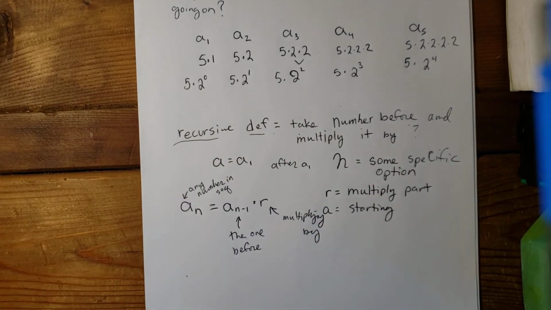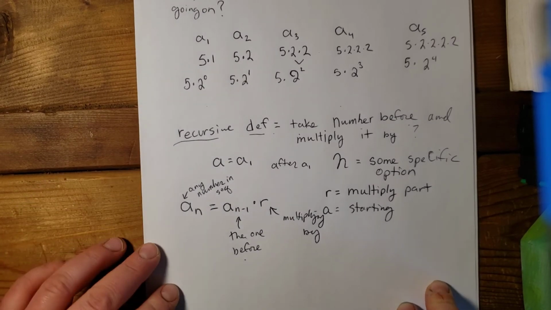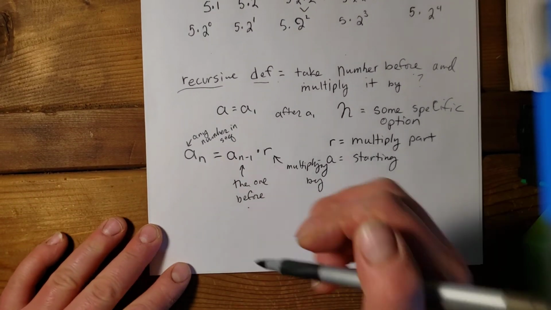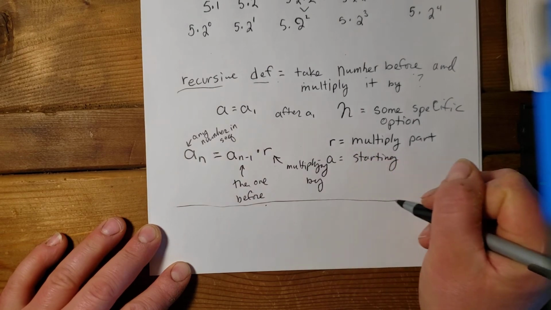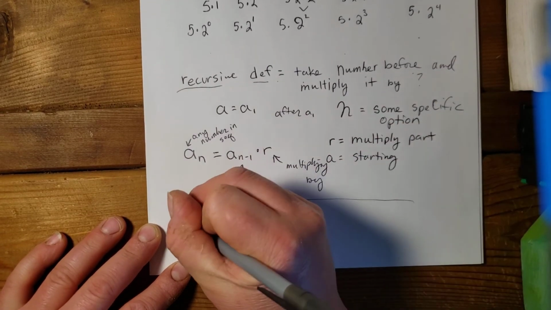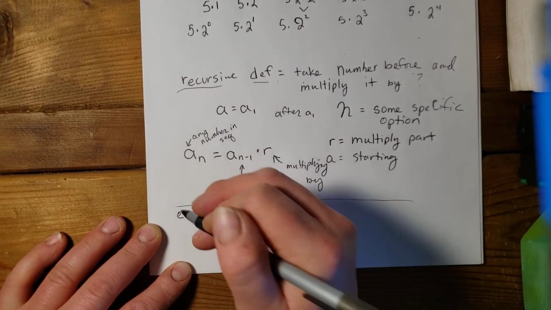All right, we're going to do one more definition, and we're going to call it the explicit definition. I think I have enough room to split it in here, okay? So I'm going to draw a little line so you can keep track of where I am. And we're going to use the same letters as we used before.